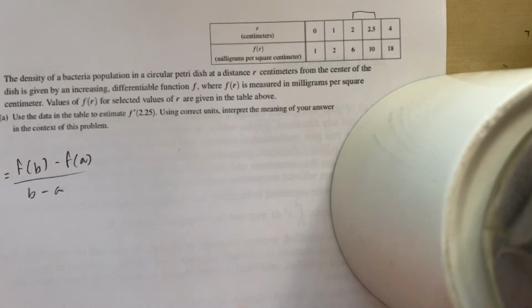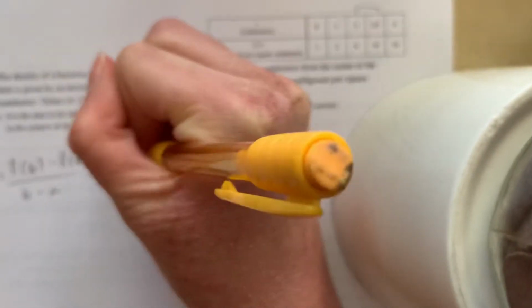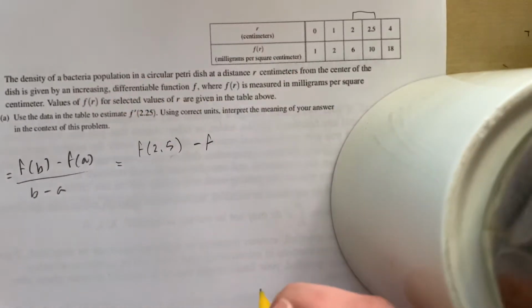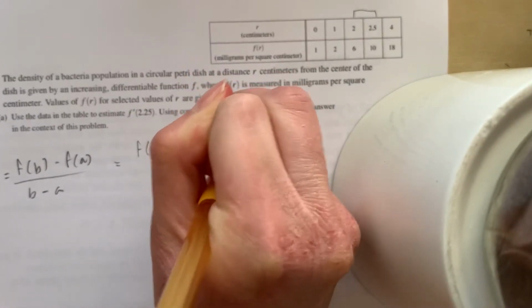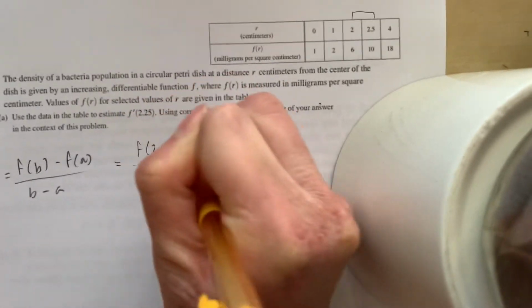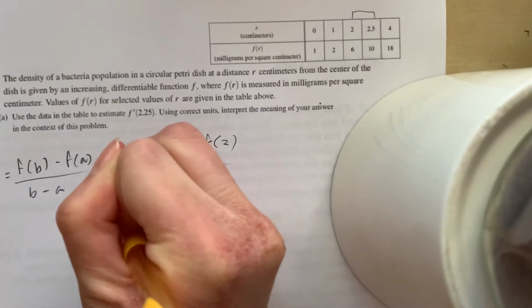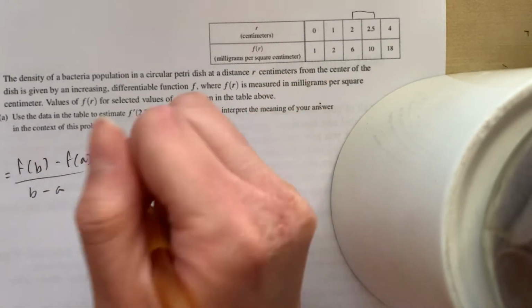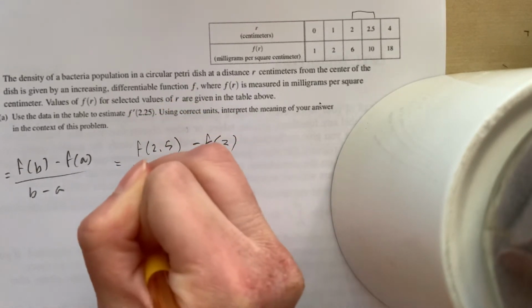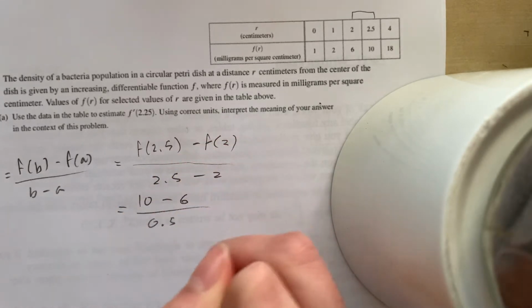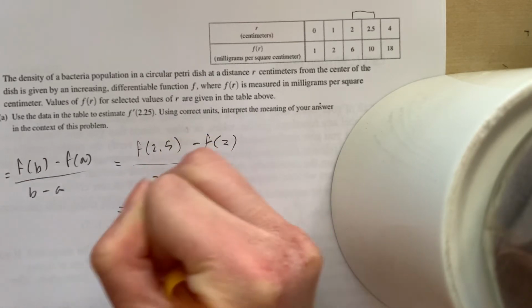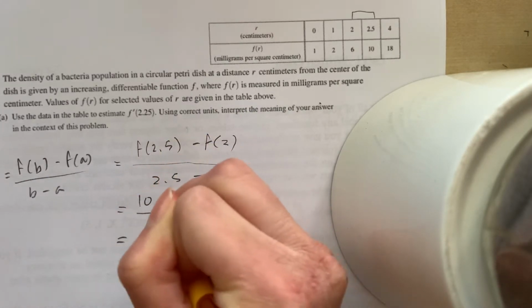So basically, we start off with f(2.5) minus f(2), and then over 2.5 minus 2, which is going to be equal to 10 minus 6 over 0.5, which is equal to 8.